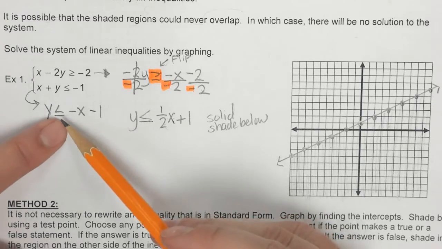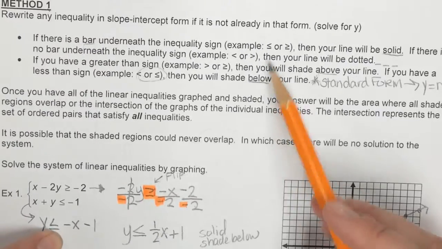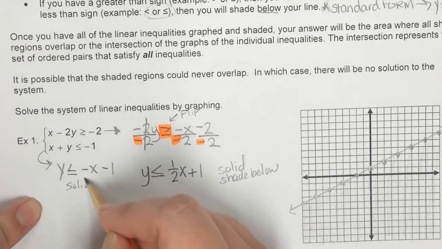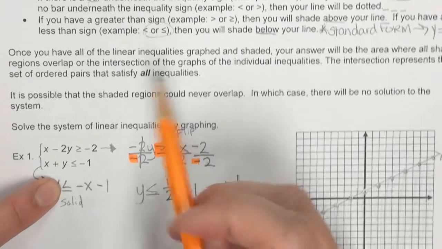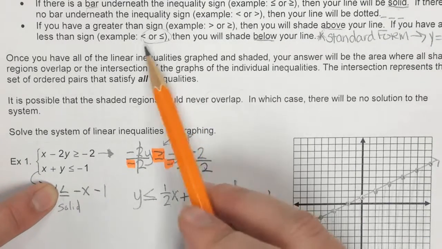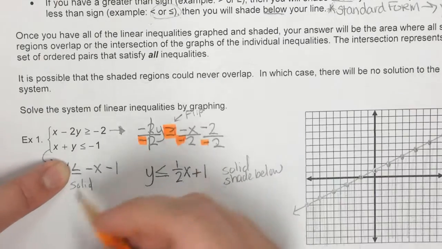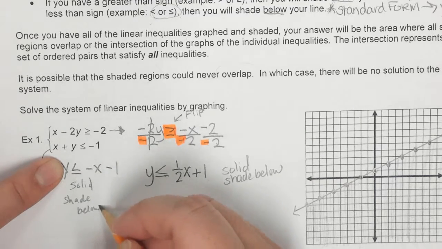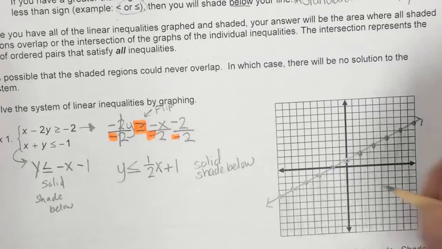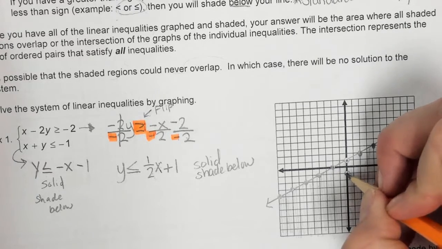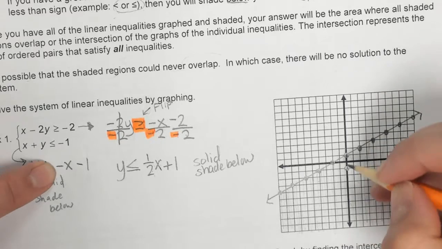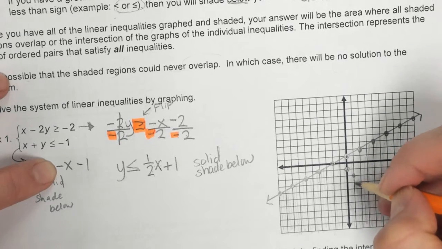So I look, what kind of line am I going to have? Solid, right? And I look, where am I going to shade this? This is a less than direction, so I'm going to shade below. Okay? So y-intercept of -1, slope of -1, so I go down 1, right 1.